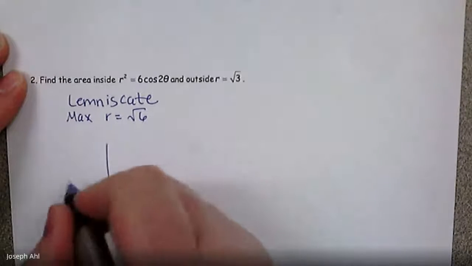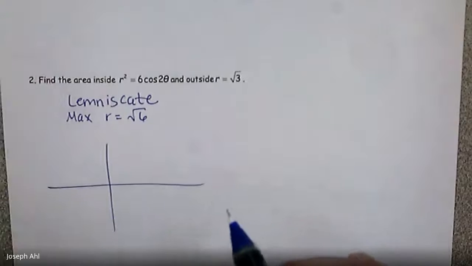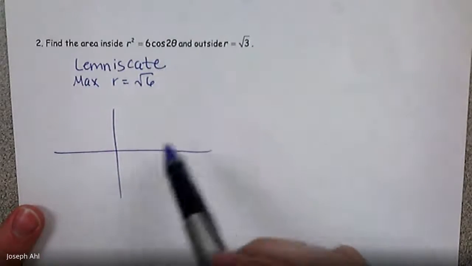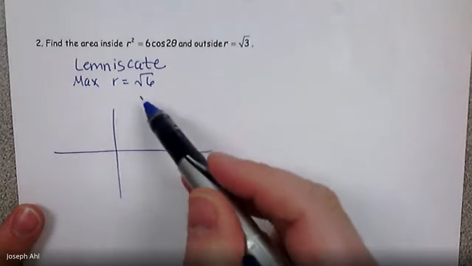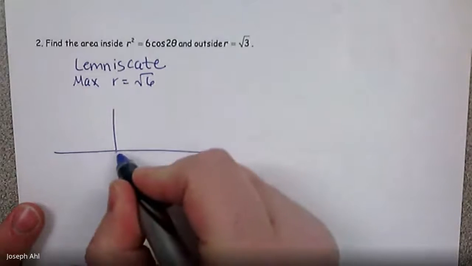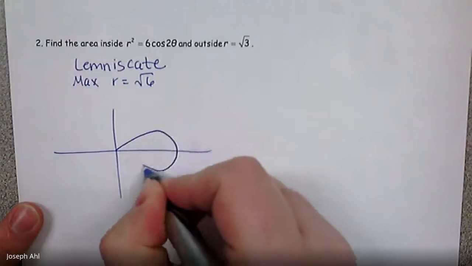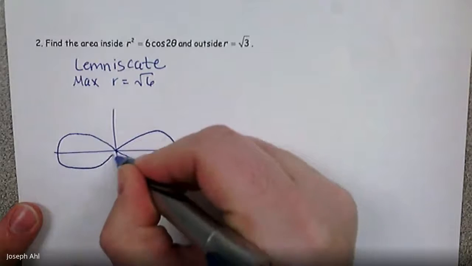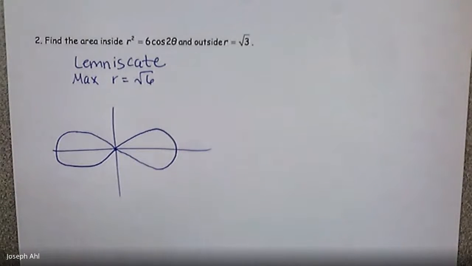So let's see if we can draw an accurate representation of what we have going on here. The lemniscate certainly is going to extend outside of the radius of the circle, given its max radius. So therefore, we have something that looks like this. Let's see if I can do this somewhat accurately. That's not bad for my lemniscate.